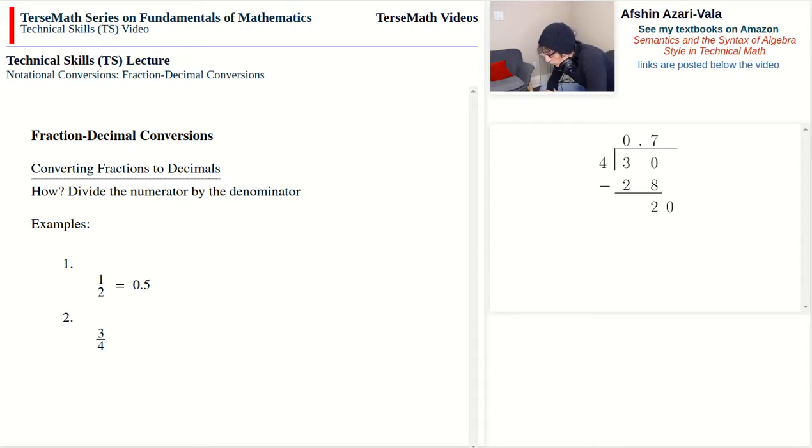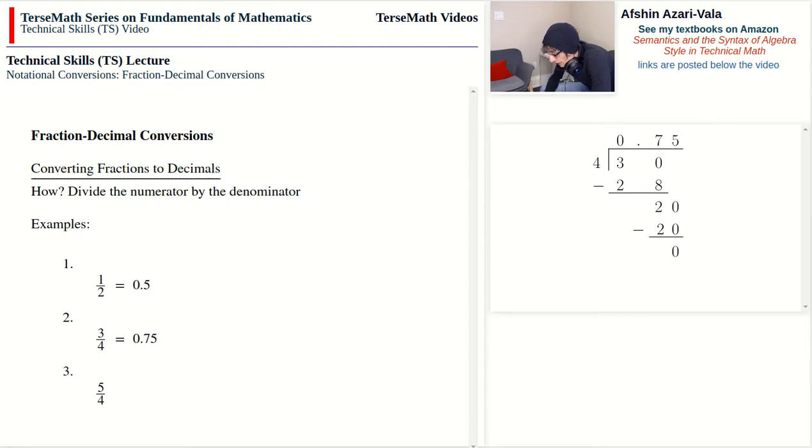Now we have 4 into 20, and that goes in 5 times. 5 times 4 is 20. We subtract, and we're done. So 3/4 turns into 0.75 or 75 hundredths.